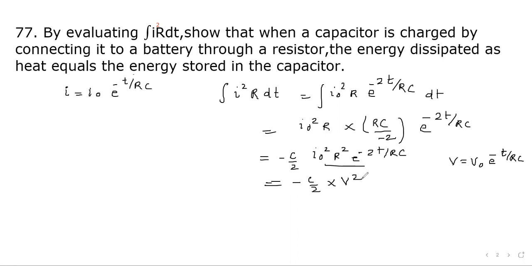So that is the energy dissipated as heat. We can also evaluate energy stored, and we know that energy stored in a capacitor is equal to half CV squared. So the modulus values of the two are equal.